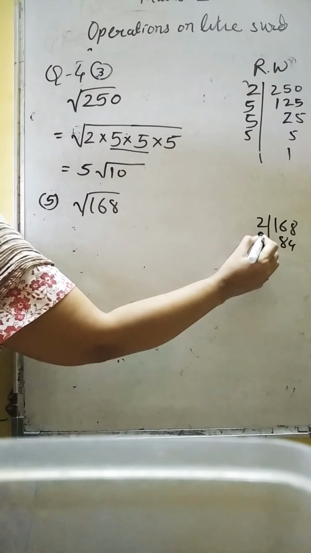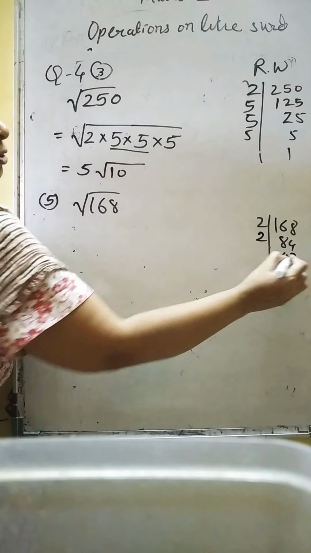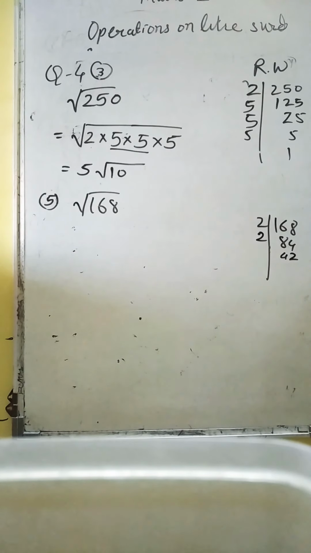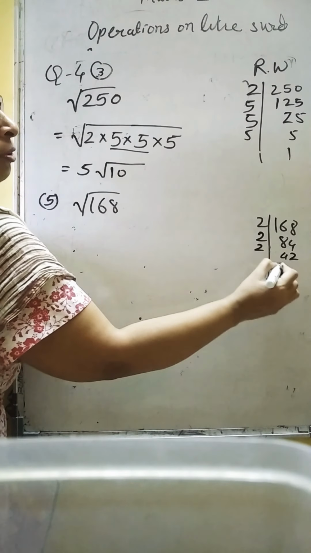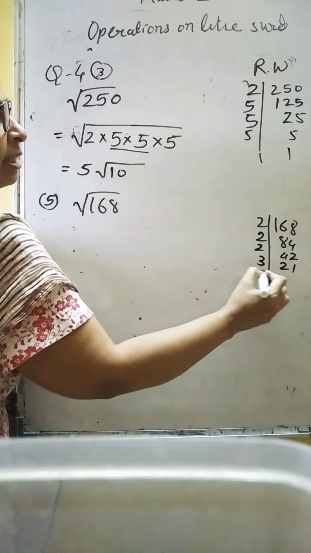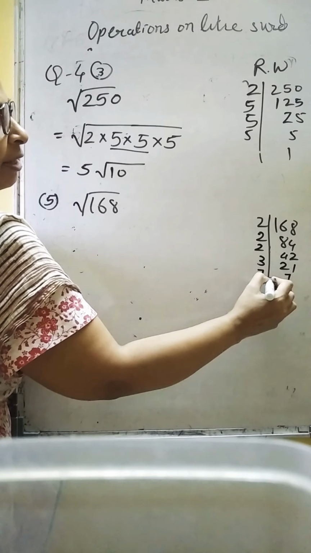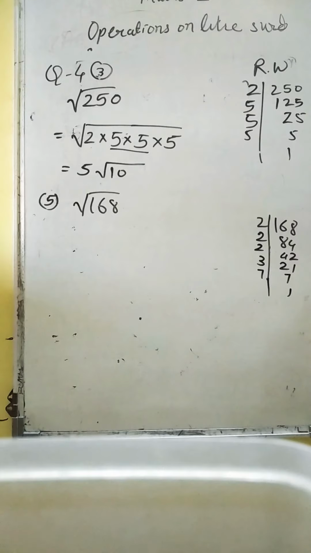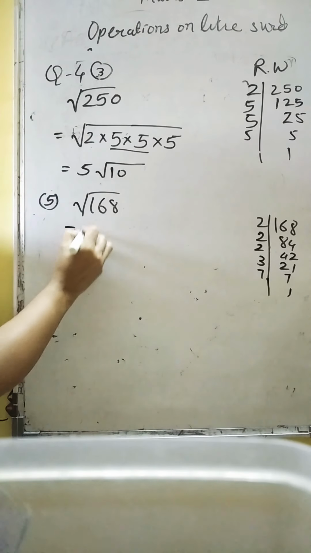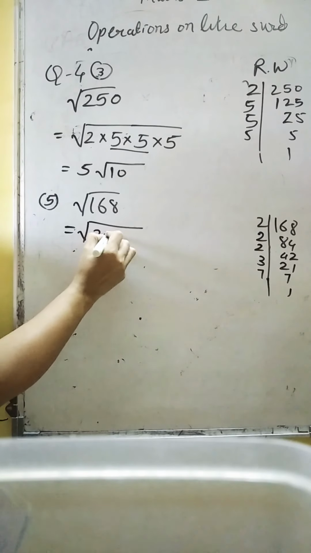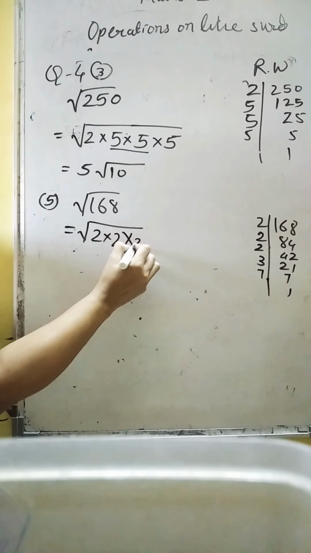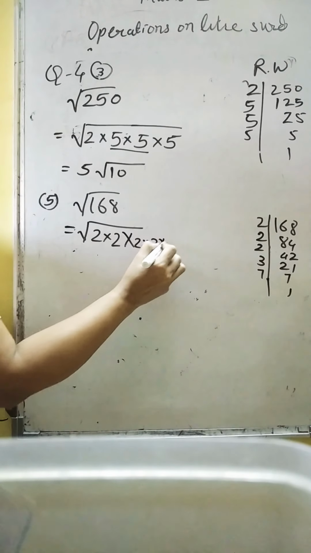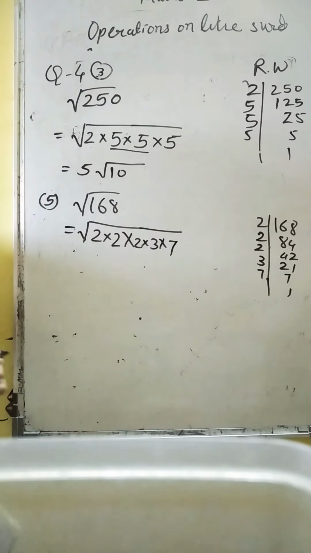Now again divide by 2, 42. 42 again divide by 2, 21. And 21 is 3 sevens are 21. So I can write this as 2 into 2 into 2 into 3 into 7. Correct?